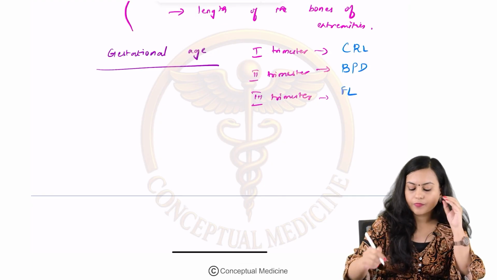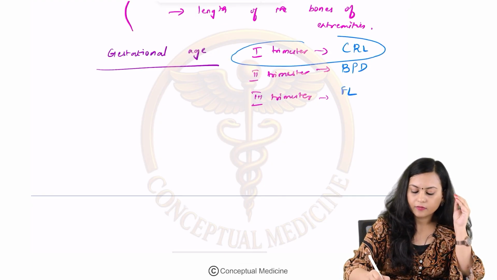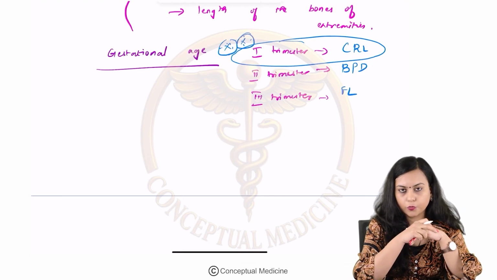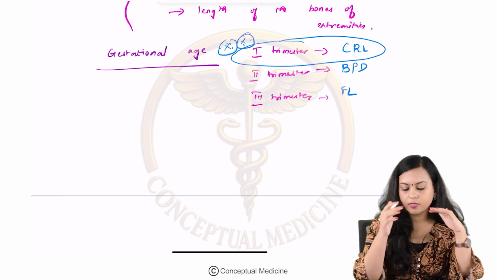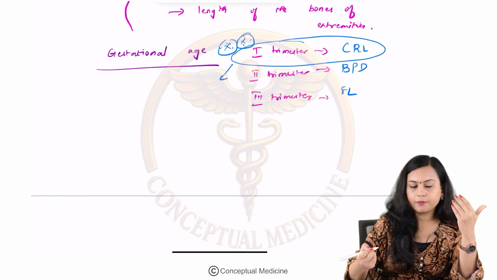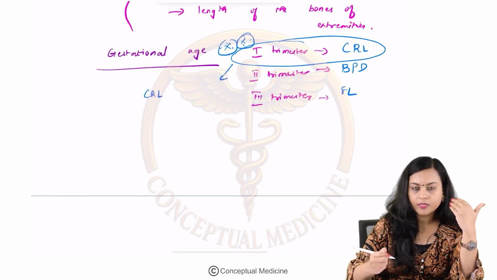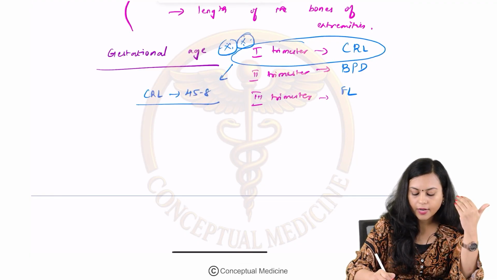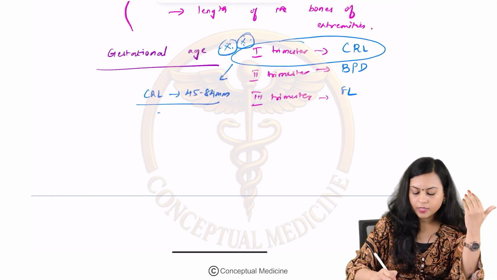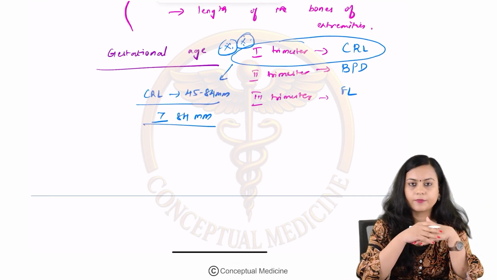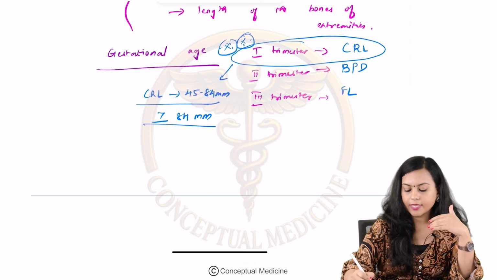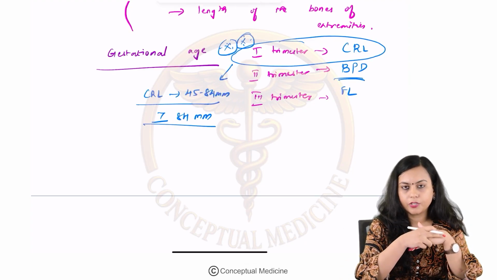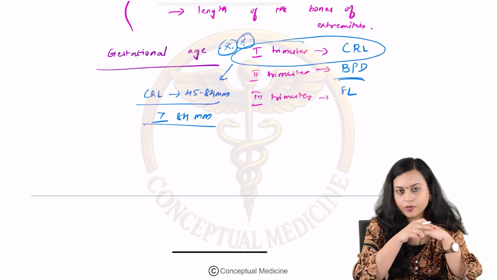So, it is possible in all the 3 trimesters. But remember, first trimester dating is the more accurate dating that you can do. Suppose you are measuring when the CRL measurement is between 45 to 84 millimeters. Suppose if it goes more than 84 millimeters, then you have to go for the second trimester BPD measurement. Okay, that will be more accurate.